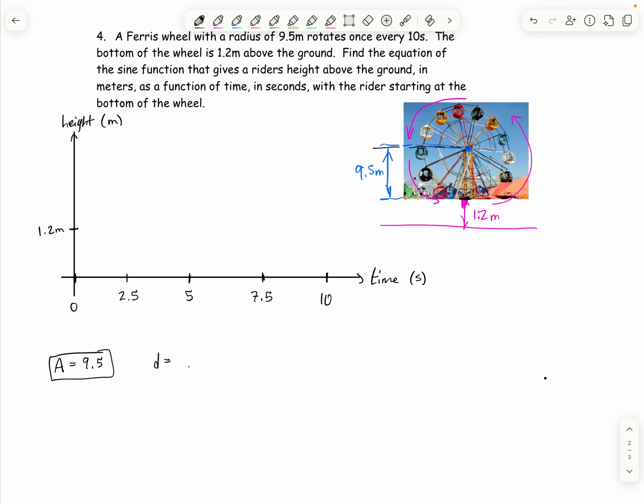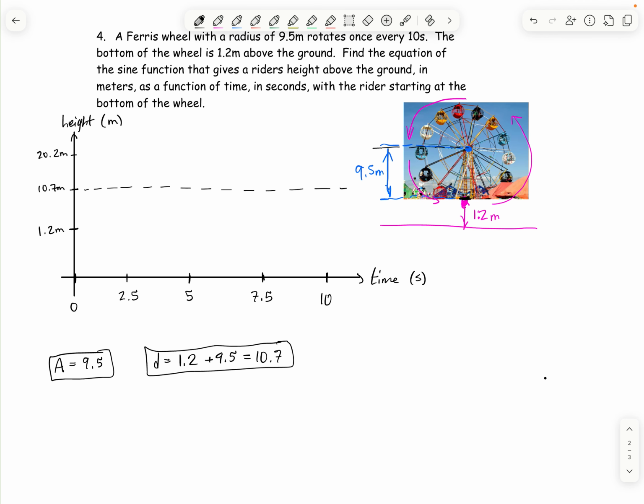You can see it intuitively: it's 1.2 from this picture plus 9.5, so that's 10.7. I can mark that here, 10.7. Then if you add the amplitude 9.5 to that, you'll get the maximum, which is 10.7 plus 9.5, which is 20.2 meters.